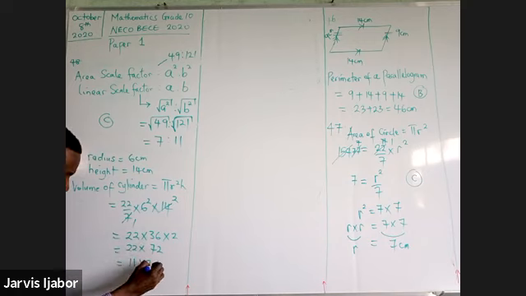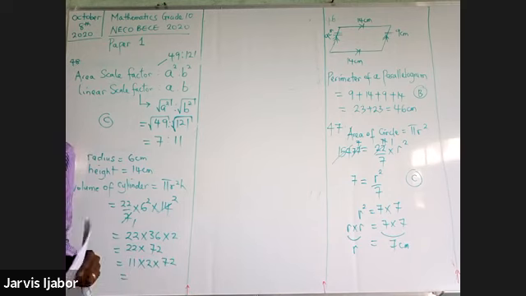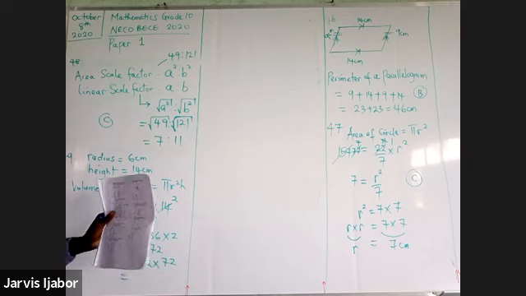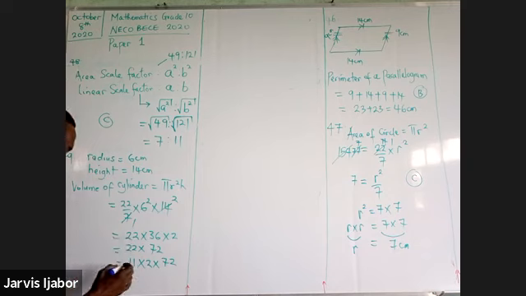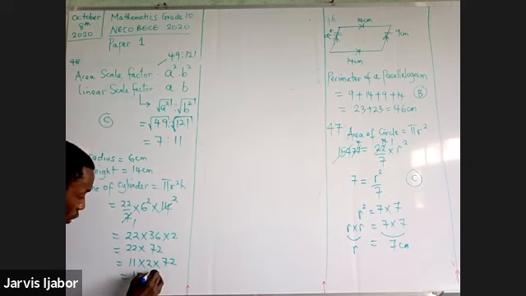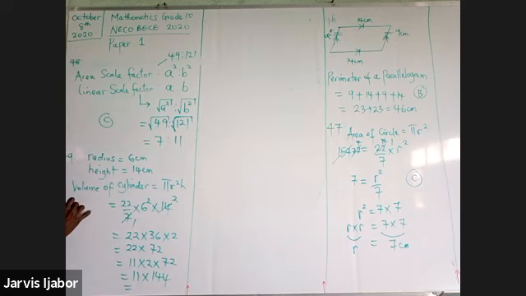Well, let me spread it out. Remember that I work with the philosophy of not using calculators. So I always try to simplify such that I can avoid using the calculators. So this will be 11 times 144. And if you do your maths very well, 144 times 11 will simply be 144, 144.